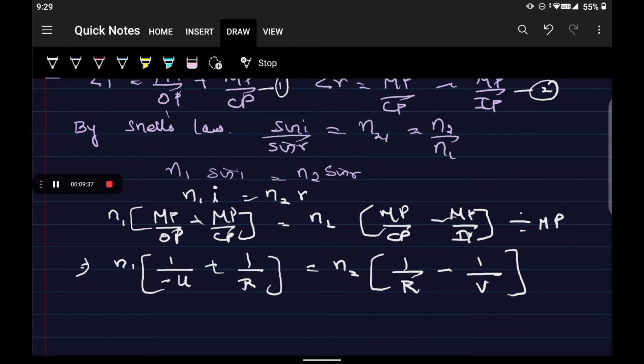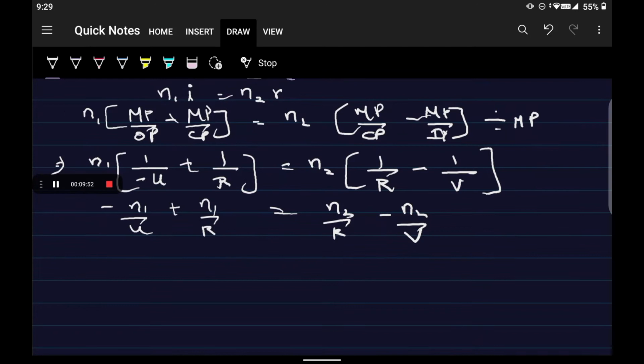Now you have substituted. So you can multiply n1 inside: minus n1 by u plus n1 by R, which is equivalent to n2 by R minus n2 by v.